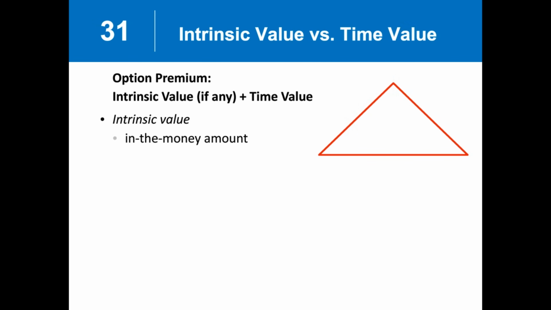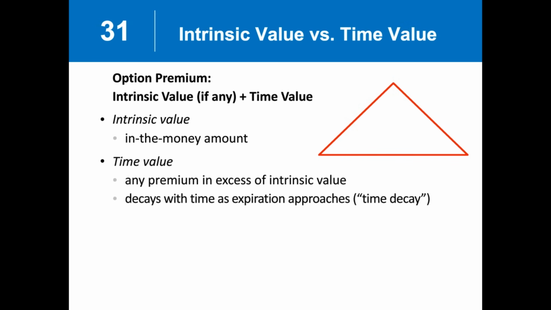It intrinsically, inherently has $5 of value. Is that clear? Now, that's not to say that the option contract is only going to cost $5. It might cost me $6. That extra dollar of premium is what we call time value or extrinsic value. Okay? So time value is anything over and above the intrinsic value of the option.